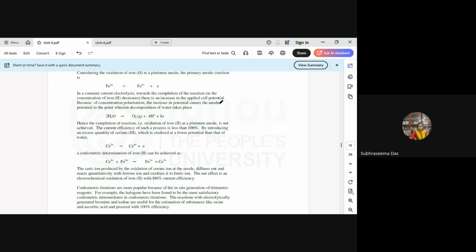The increase in cell potential causes the anode potential to reach where water decomposition takes place. That is, 2H2O breaks down to O2 plus 4H+ plus 4e-. Hence the completion of the oxidation of iron at the platinum anode is not achieved, and the current efficiency of this process becomes less than 100%.